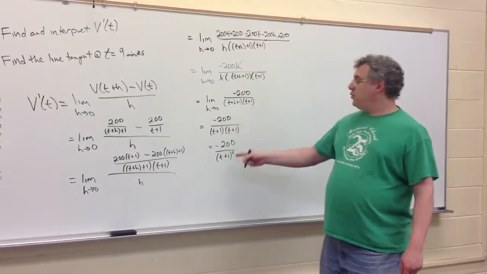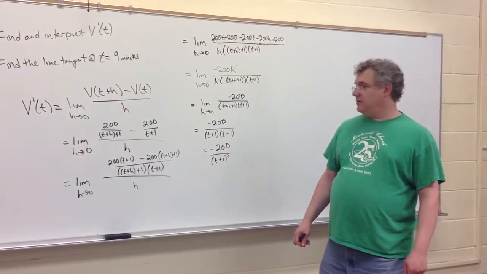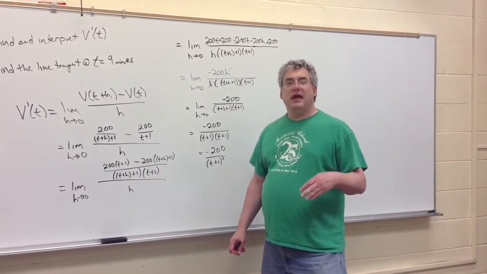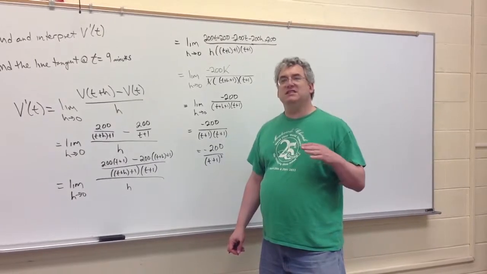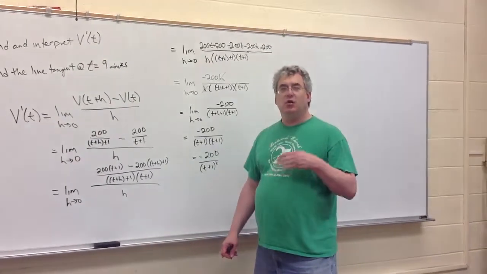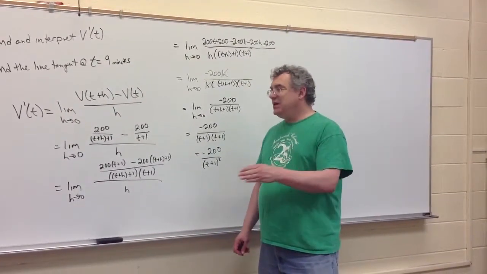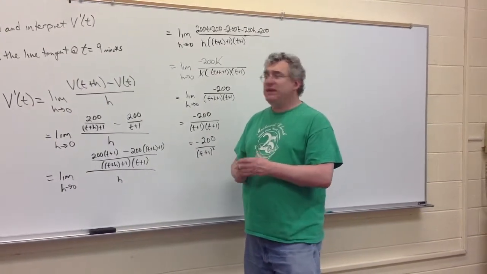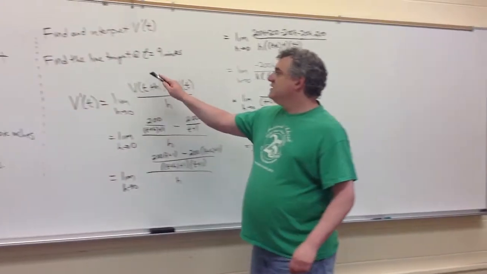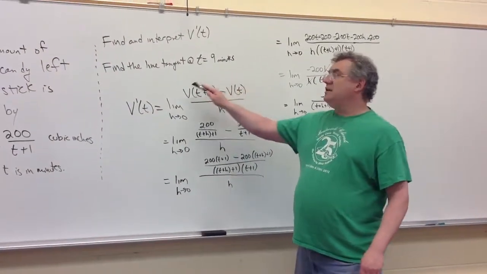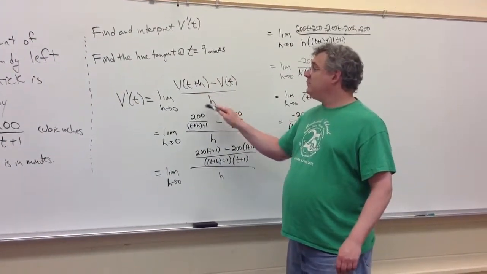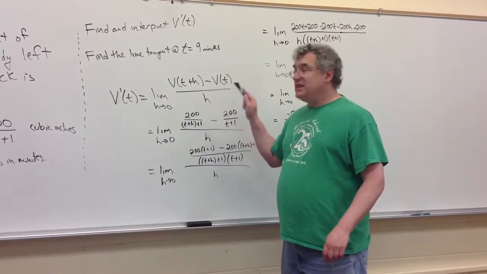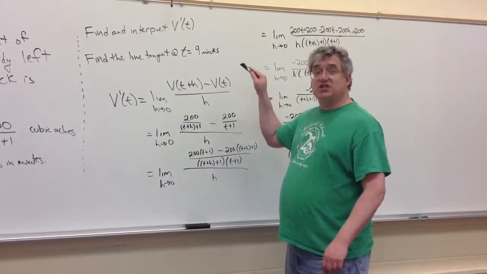Now, what does that mean? The derivative is the slope. And it's tricky to understand what that means. It's a changing of the function with respect to time. As t goes on, then what's happening? And we can probably figure it out best by looking at this very beginning one. This is the change in the volume divided by the amount of time. And as time goes to 0, this becomes an instantaneous change in volume.